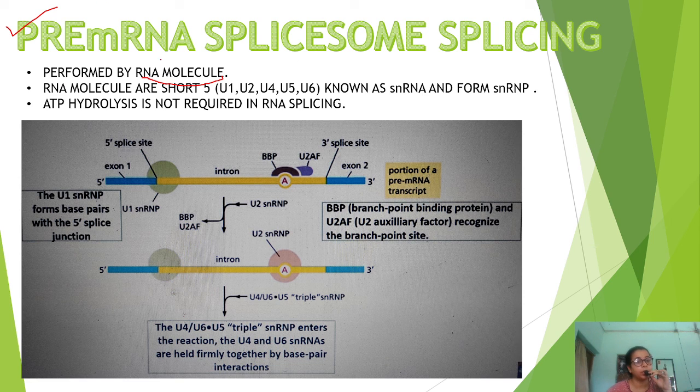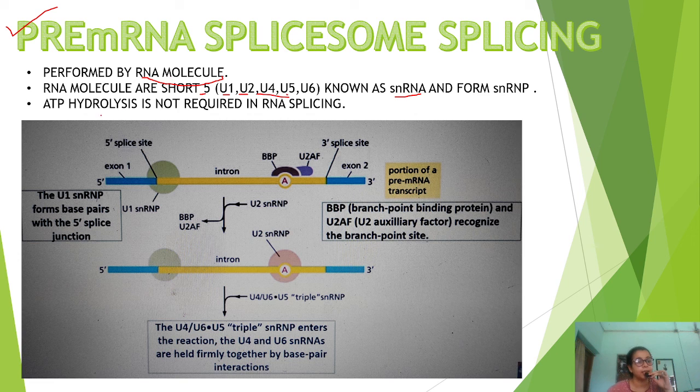What type of RNA molecules? Short RNAs U1, U2, U4, U5 and U6, known as snRNA, small nuclear RNA. This group of complexes, the RNA molecules, perform this splicing mechanism and form snRNP, that is small nuclear ribonucleoprotein.